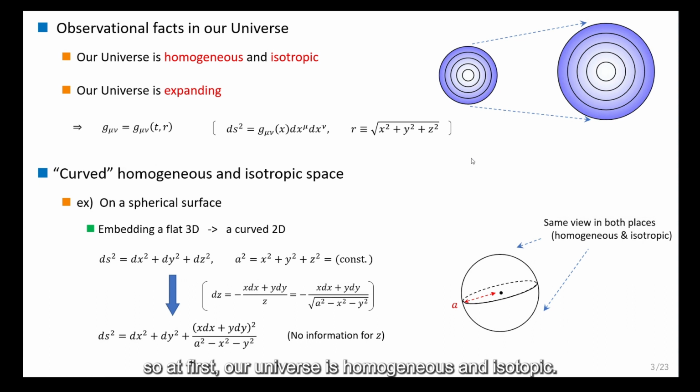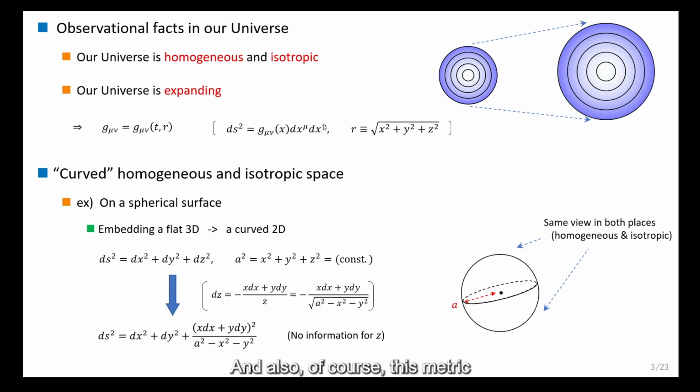At first, our universe is homogeneous and isotropic. Also, our observation shows the universe is expanding now. This fact shows that the metric is given by a homogeneous and isotropic metric.